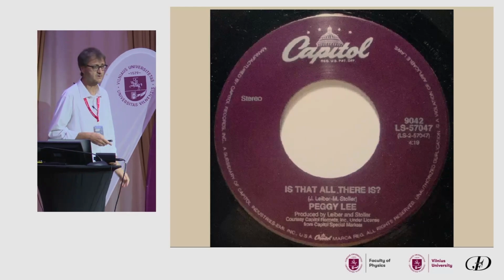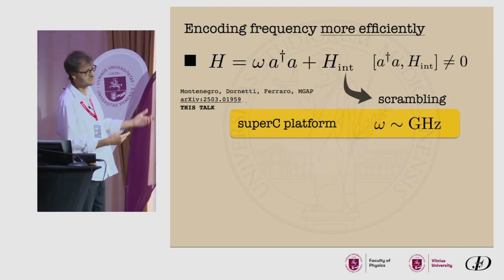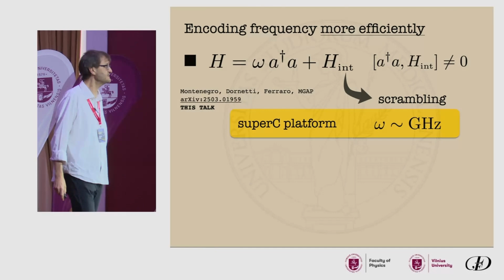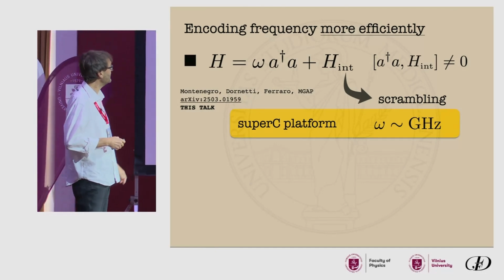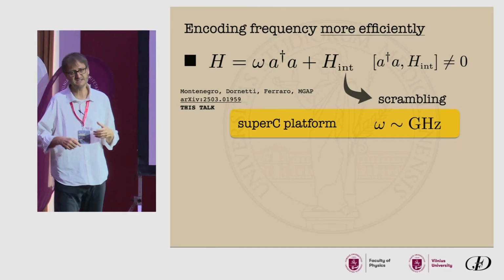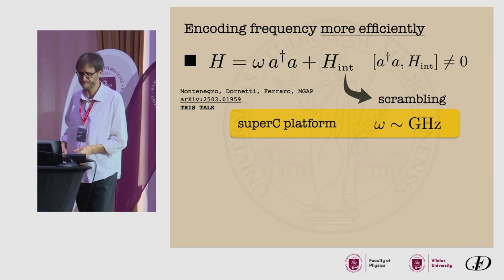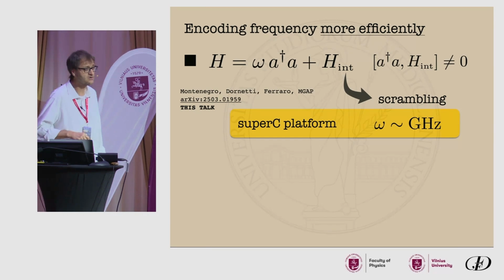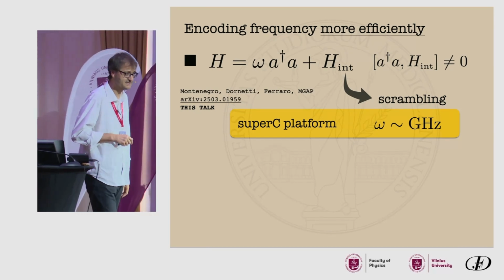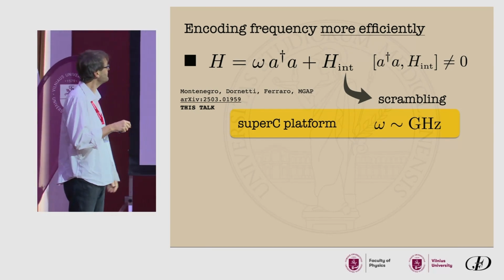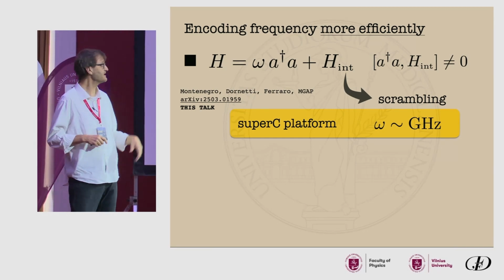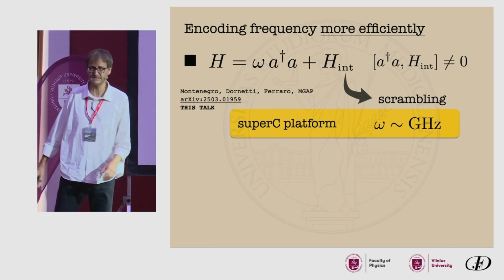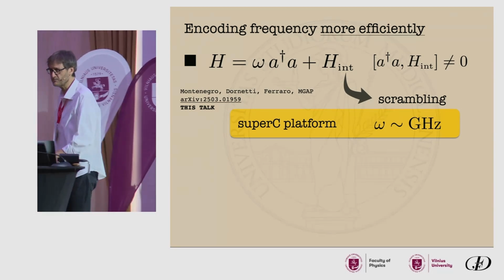What I would like to illustrate is an idea we were developing last year. Suppose we have access to higher nonlinearity. So we may try to encode the frequency instead of using just the free evolution plus something. Here is some interaction with a nonlinear media.